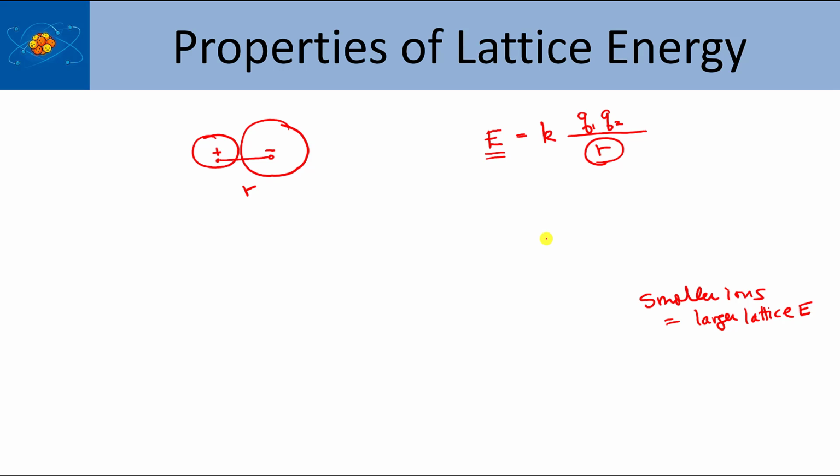What else matters? Well, let's say you're looking at Mg2+ and Cl-. That's going to be MgCl2. You actually have a couple of things going on here. Compared to sodium chloride, we would expect this to have more lattice energy for a couple of reasons. Primarily, you have a +2 charge here, and you're forming two ionic bonds.